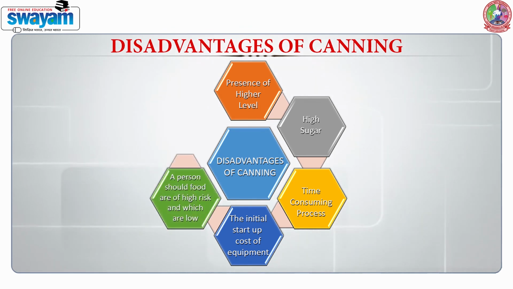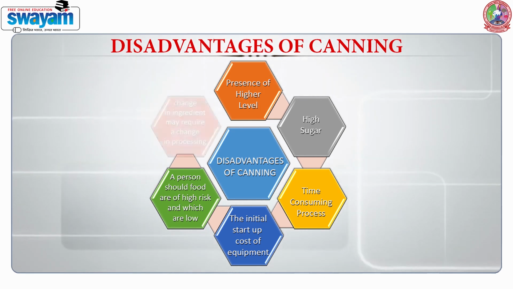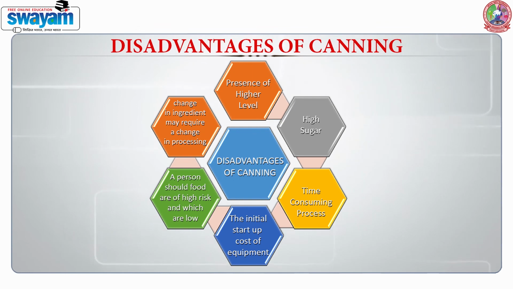The person employed in canning should know the type of food being canned and the high risks he will encounter. Another disadvantage is that changes in the ingredients may require a change in the processing.